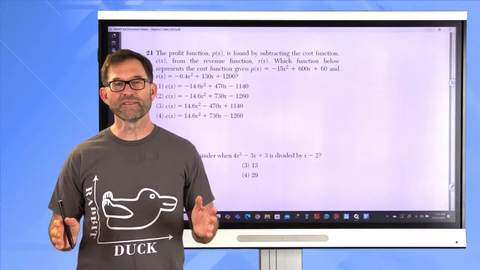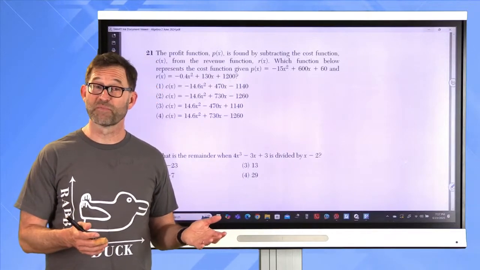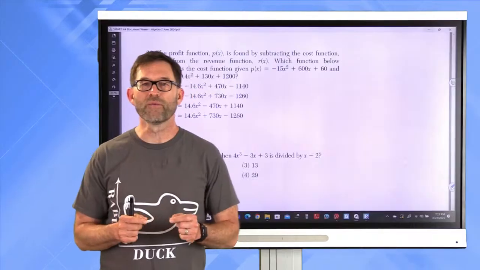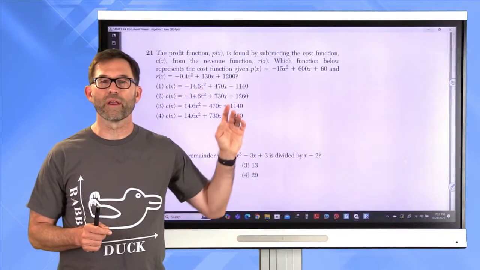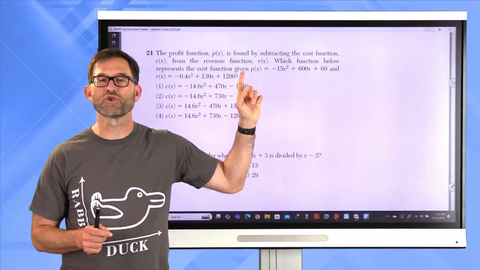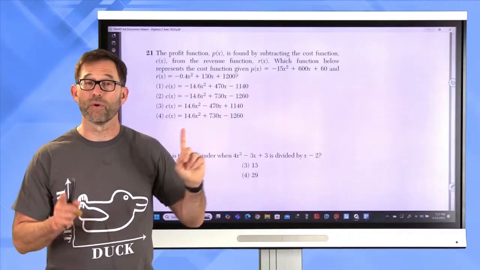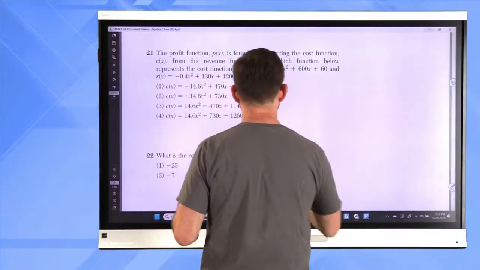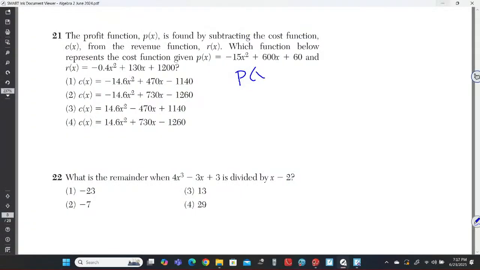All right, so let's take a look, hopefully, at how this problem is done. Now keep in mind, what we are looking for is the cost function, given that we have the profit and the revenue. We were told that the profit function is equal to the revenue function minus the cost function.